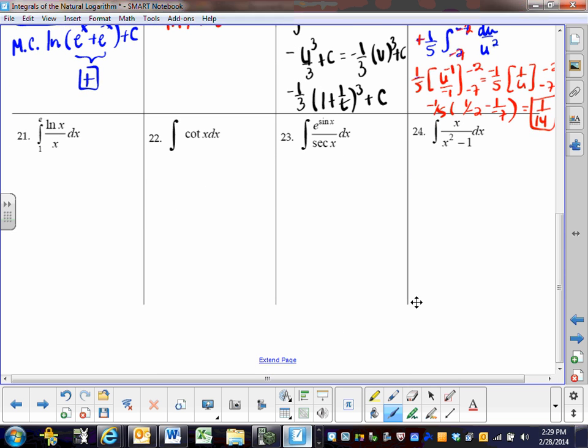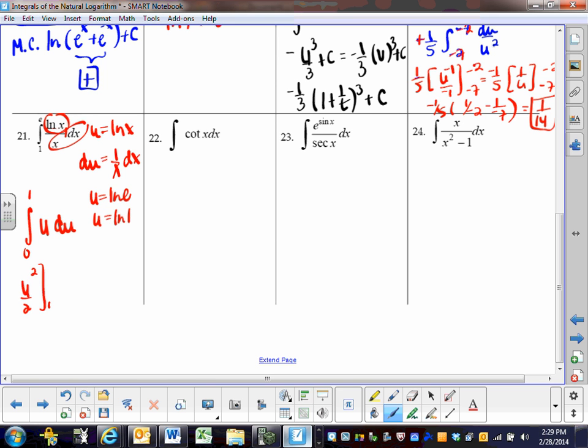That makes my integral negative 1/5 from negative 2 to negative 7 du over u squared. So this is u to the negative 2, which is not natural log. So when I anti-derive, I can flip this, make this positive, if I change this to negative 7 and negative 2. I anti-derive and I get 1/5 u to the negative 1 over negative 1 from negative 7 to negative 2.